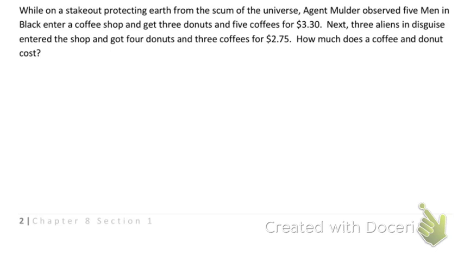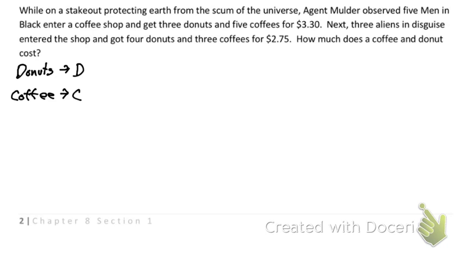So we're going to go with the first statement. It says that you have 3 donuts plus 5 coffees equals $3.30. Let's start with donuts. Let's let donuts be a capital D, and we'll let coffee be a capital C. Why not, right?